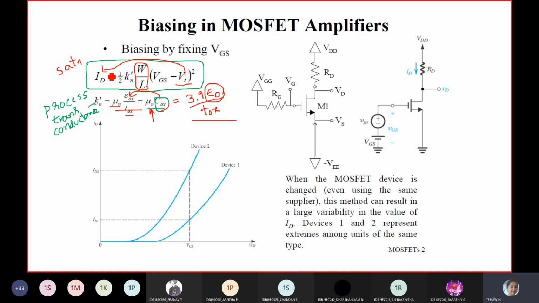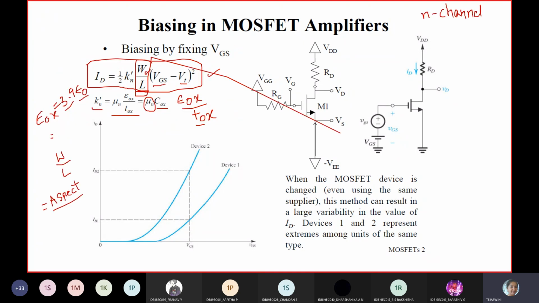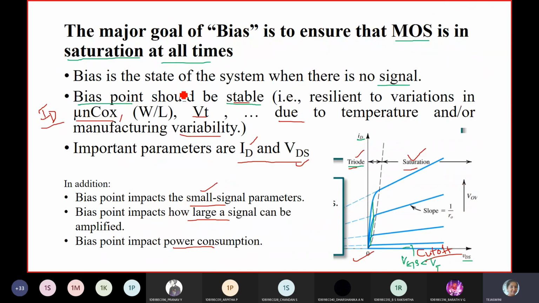We can't achieve a stable ID value because these two terms are sensitive to temperature variations. So it is written here, resilient to the variations in mu, COX, W by L and Vt. Due to the temperature and our manufacturing variability, again and again I am telling, manufacturing variability means bulk devices will be fed in a batch process for the manufacturing of an IC. That will be very sensitive to temperature variations.